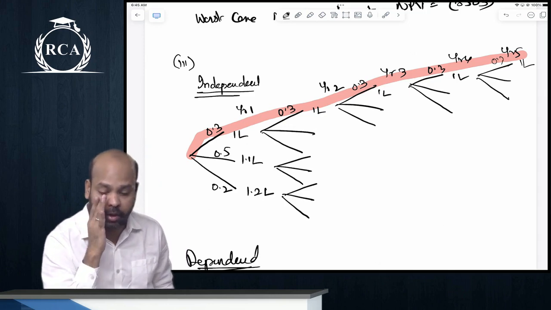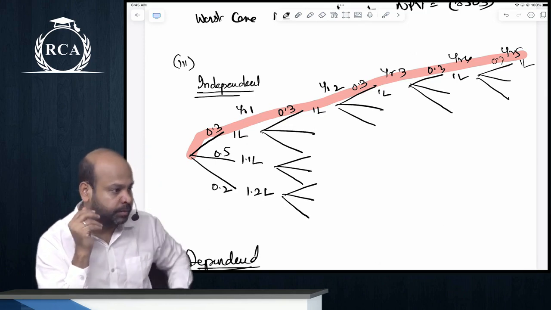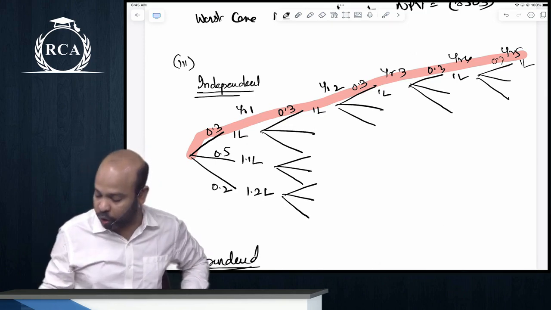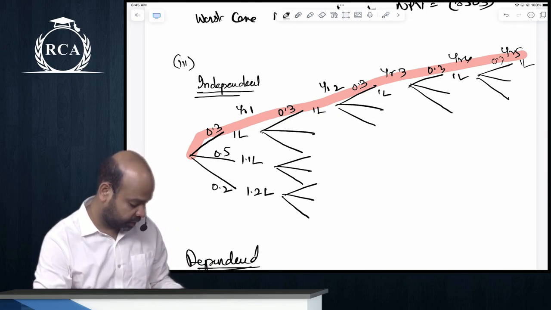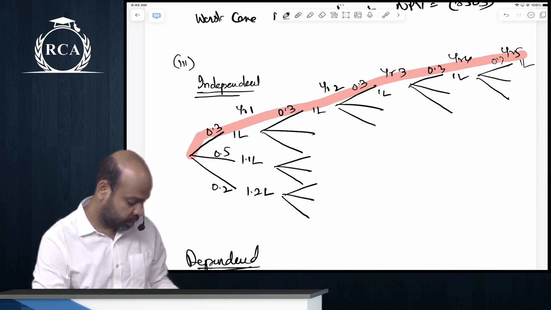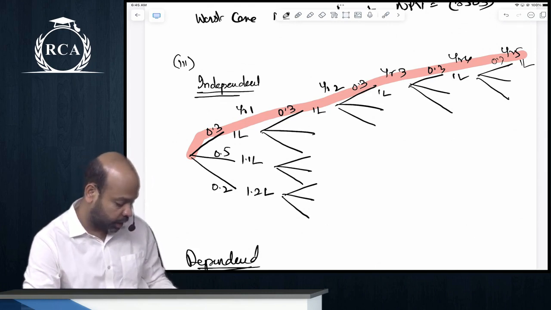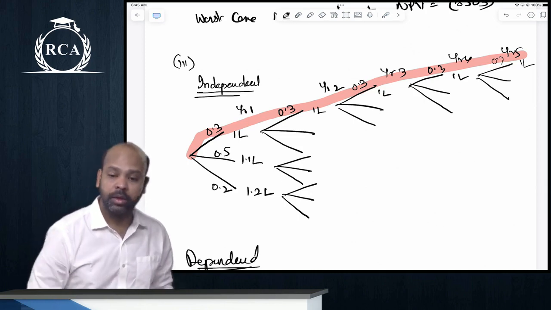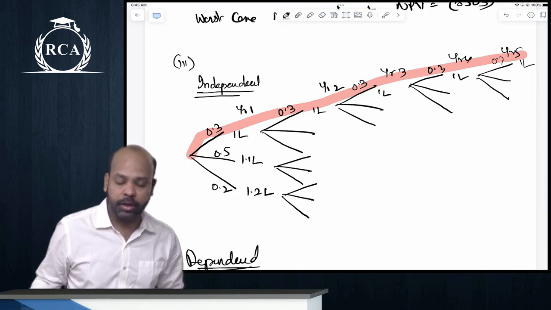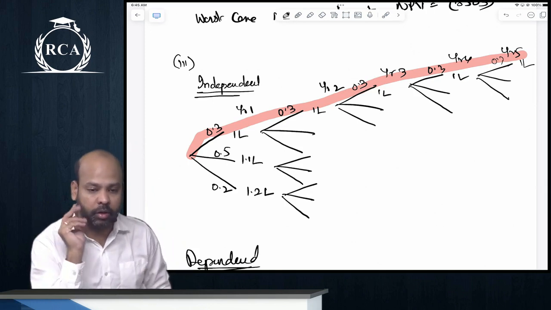Therefore, the probability of the worst case scenario is 0.3 into 0.3 into 0.3 into 0.3 into 0.3. Write it 5 times.